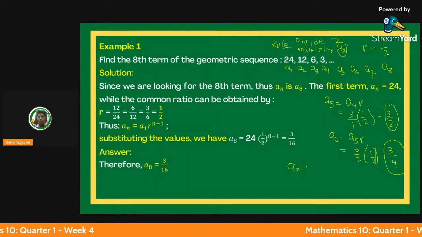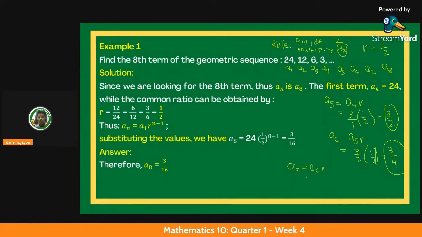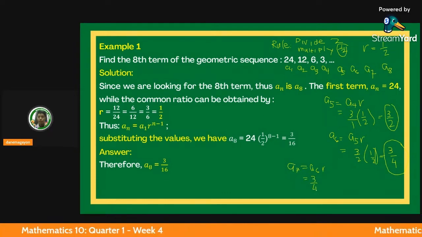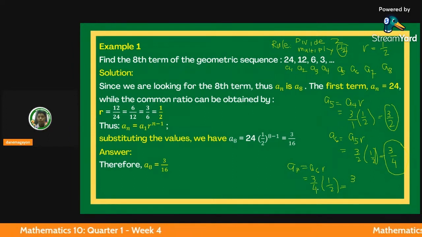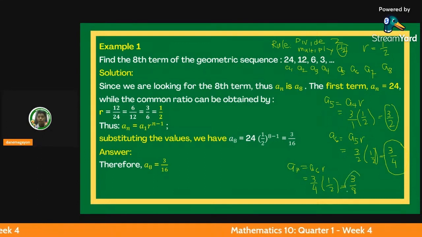So yung a sub 7 is equal to a sub 6 times r. Yung a sub 6 natin is 3/4. And then yung r natin is we have 1 over 2 pa rin. So still we have to multiply 3 by 1 to get 3. To multiply 4 by 2 to get 8. So meron ka ng 3/8. So we have 3/8, and then lastly we have a sub 8.